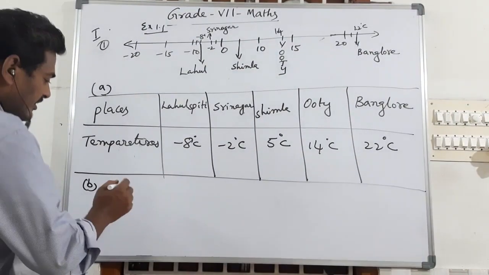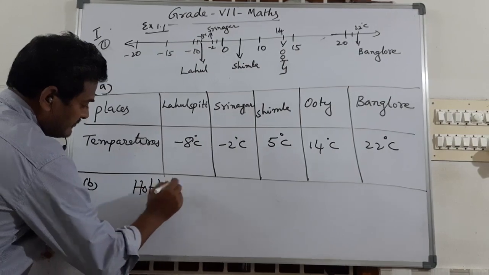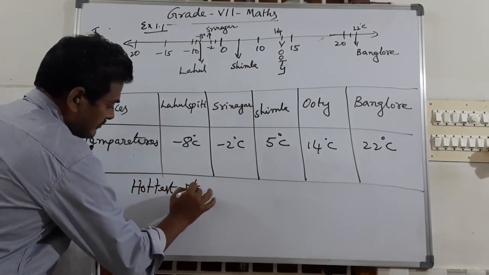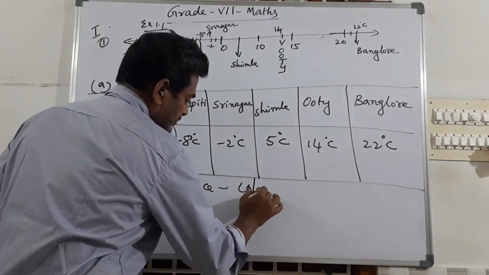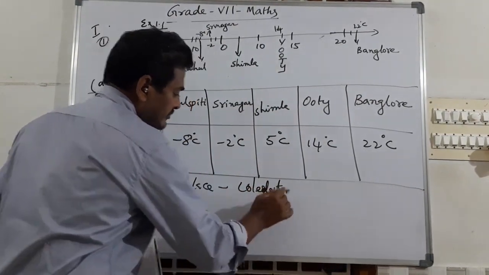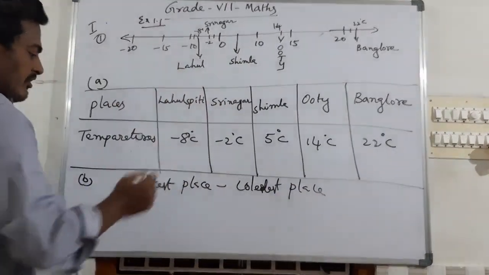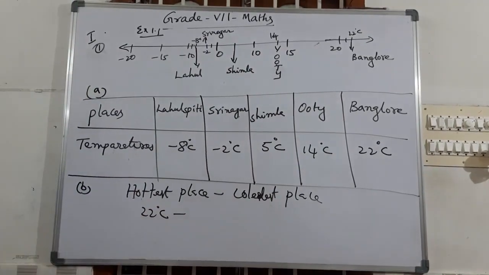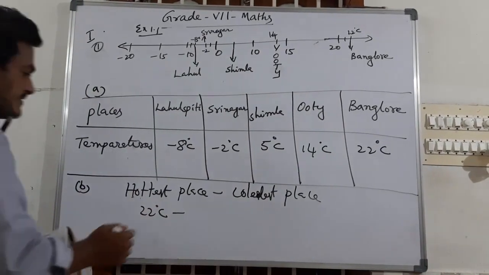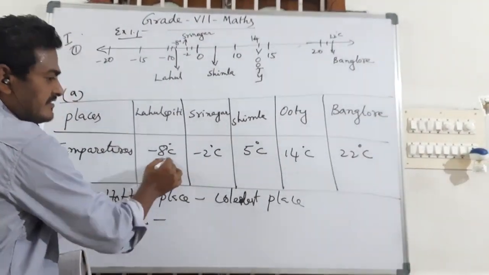So the difference is hottest place minus coldest place. The hottest place is 22 degrees Celsius, and the coldest place is minus 8 degrees.